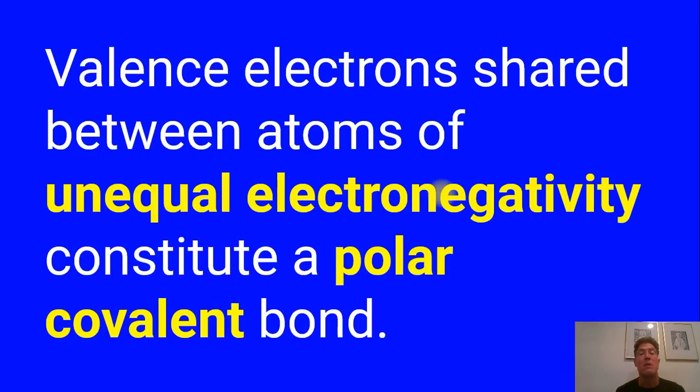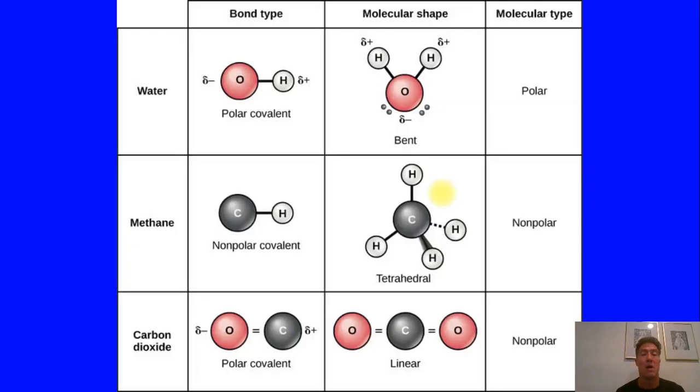Now, valence electrons shared between atoms of unequal electronegativity constitute a polar covalent bond. And so you'll see this with oxygen and hydrogen. This will create a partial charge as the more electronegative element, oxygen, pulls the electrons in this covalent bond.